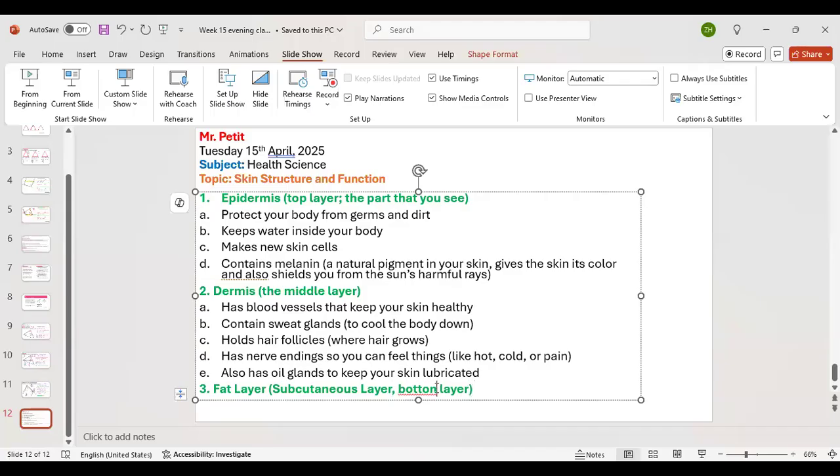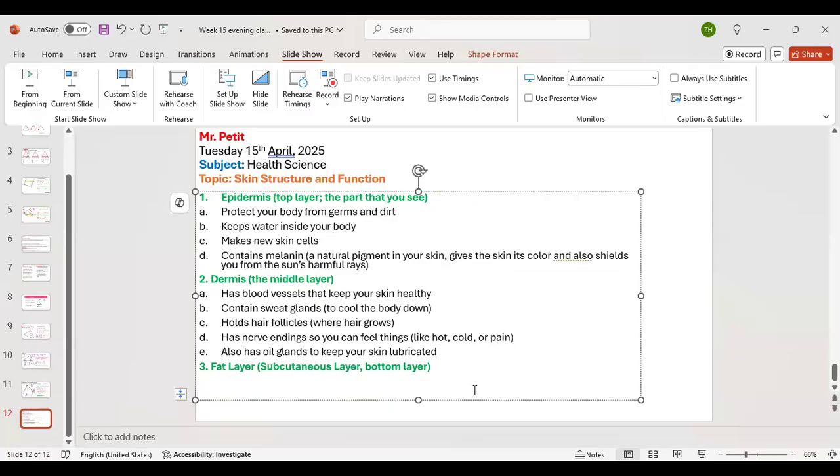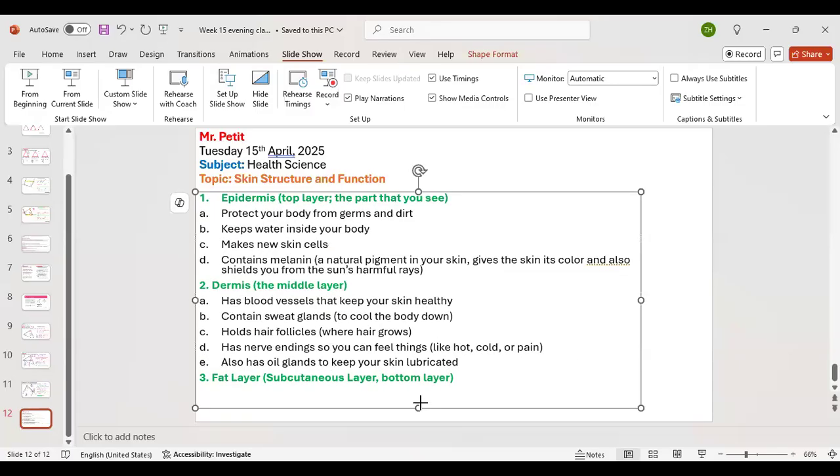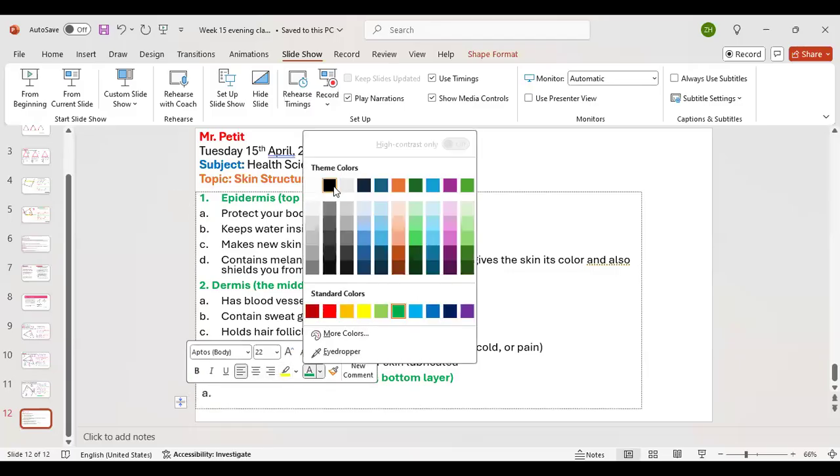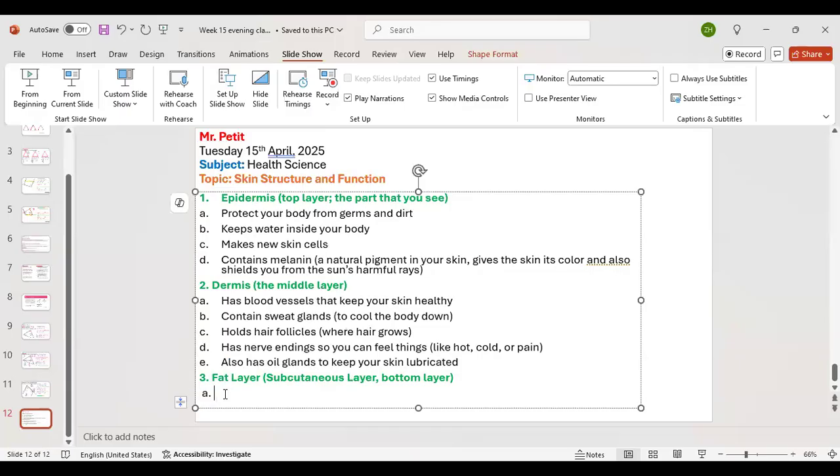This keeps your body what? Warm and insulated.